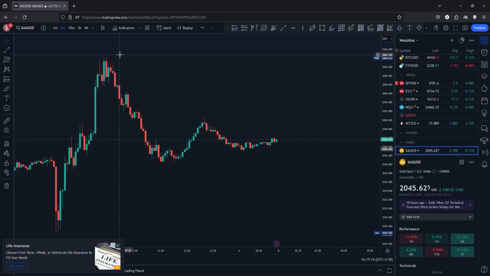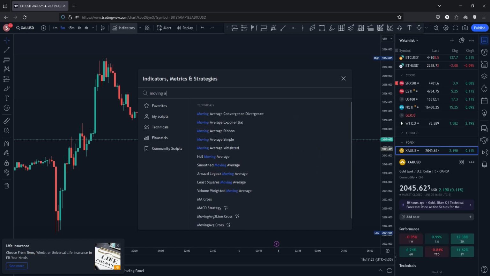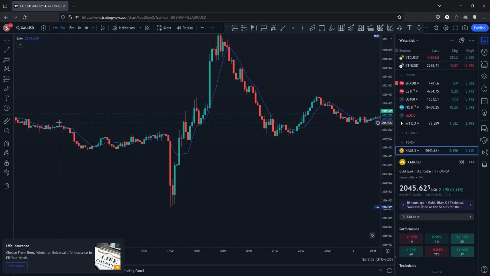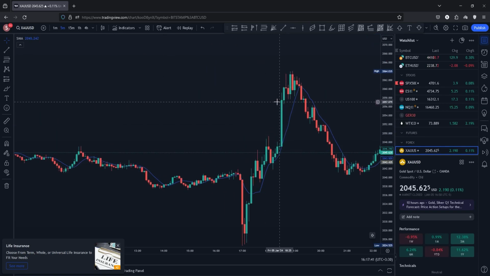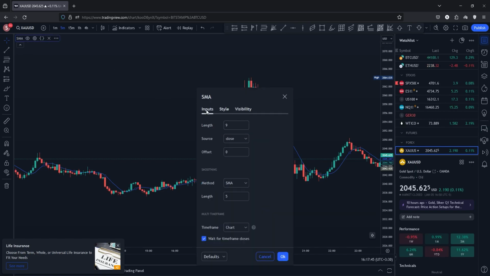To add the moving average, you can go to this section, indicators, and write moving average, simple. As you see, the moving average is a line around the price. You can set its inputs here.